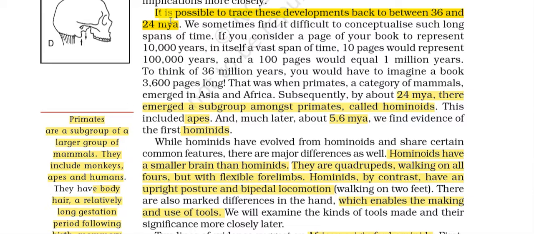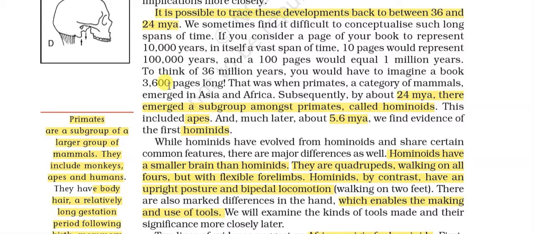Very, very difficult to put down all those developments in one chapter, right? They very clearly say that even if you take 100 pages equal to 1 million years, you will still require a 3,600 pages long book, which is not possible, right? So whatever is there in this chapter is a very concise form of human evolution, right?